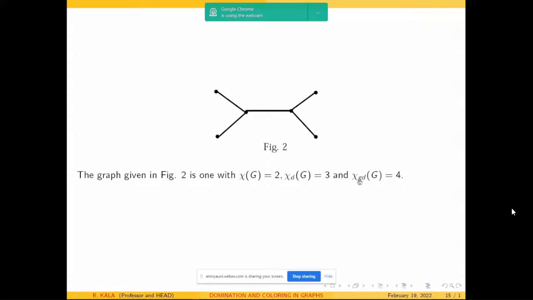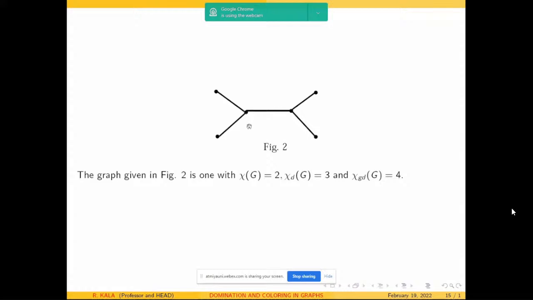So definitely it is not a global dominator coloring, because if you look at this pendant, it will be adjacent to this color class, but it is not adjacent to this particular vertex. Coming to this one, this particular vertex is adjacent to this single color class. So the dominator property is taken care of for this vertex, and I need an anti-dom color class now.